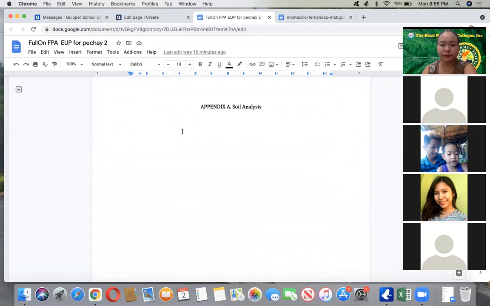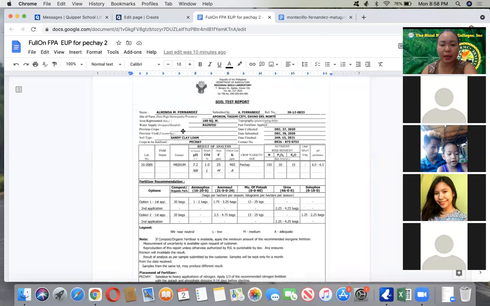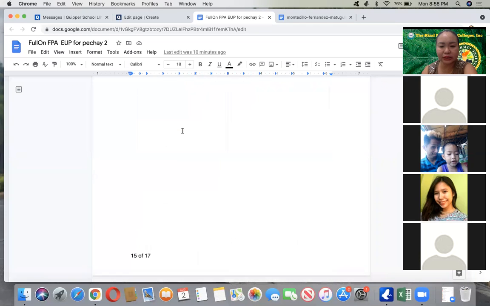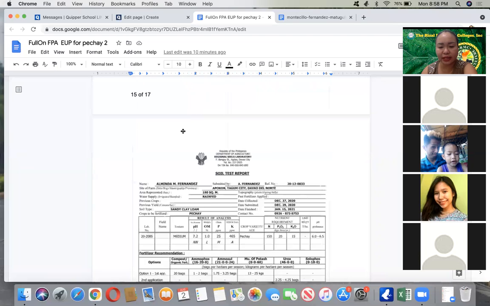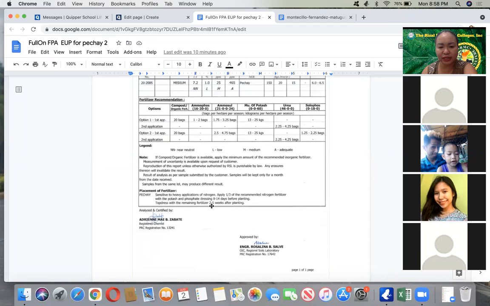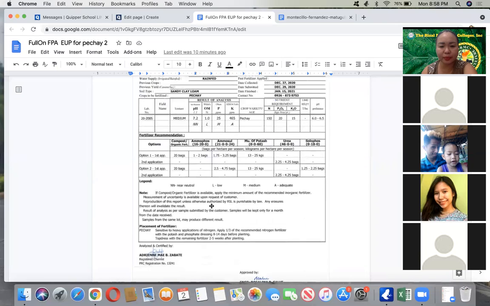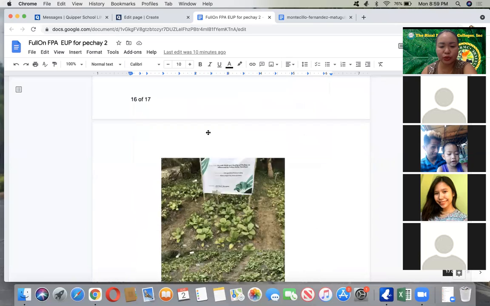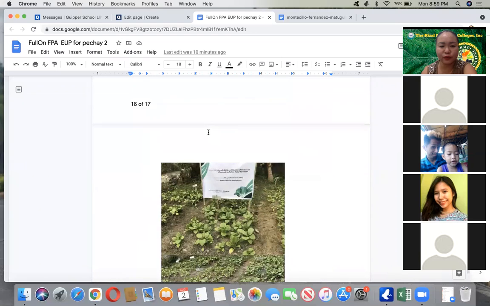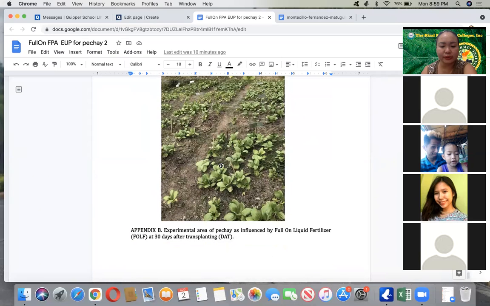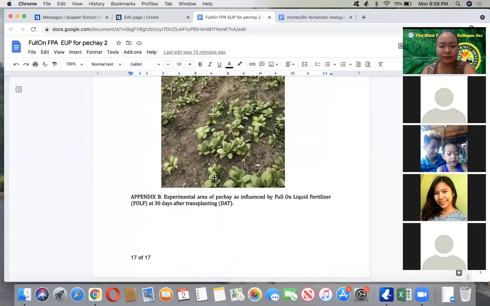So this is the sample Appendix A, or soil analysis, that you can see in your EUP report, to show you the result and the different photos, experimental area.